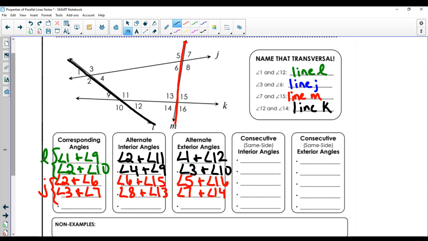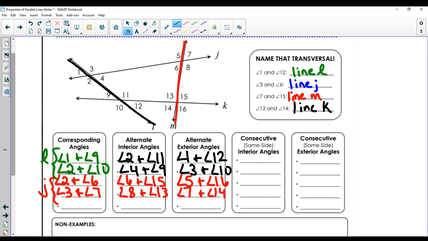I prefer what's in parentheses there, same side. But now, what that means is we're going to look at the angle pairs that are on the same side of the transversal line. Okay? So if you see consecutive, just think same side. And that means we're looking at the angles on the same side of our transversal line.